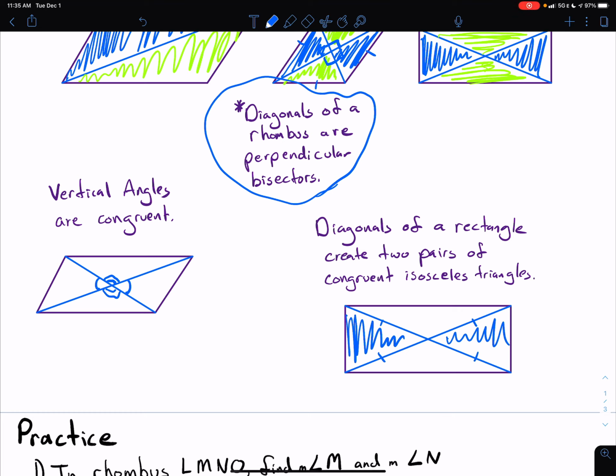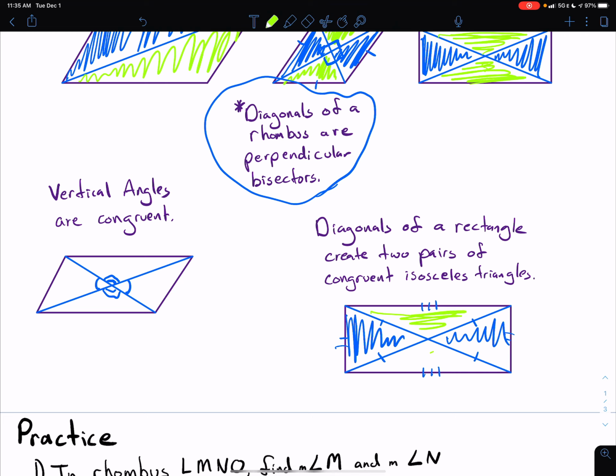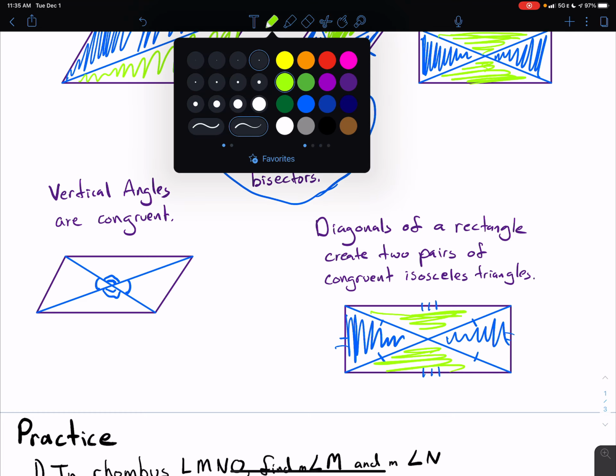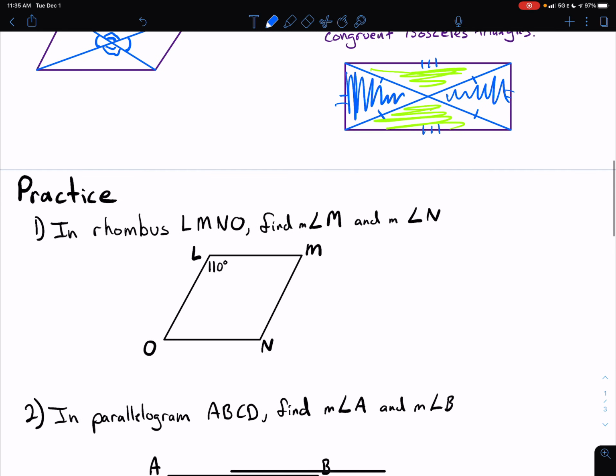This base is the same as that base, and the legs of the triangle are the same, so it makes isosceles triangles. And that applies the same for this triangle too. If I change colors here, the green triangle is also an isosceles triangle, and they're the same congruent triangles. So pretty cool.